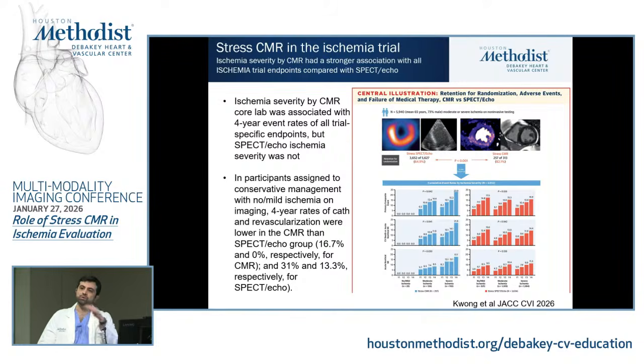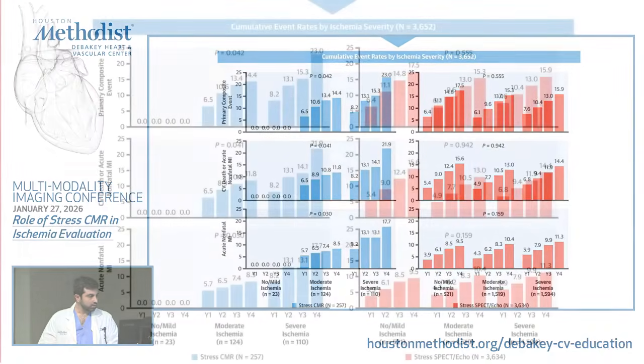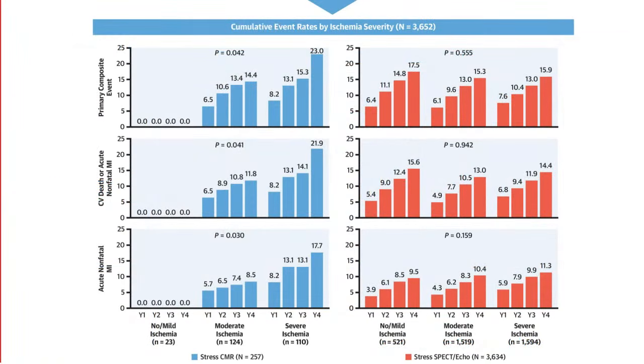As a result, people were randomized more often, 82% versus two-thirds, 65%, with stress echo and SPECT. And then the association between, let me see if I can zoom on this, the grading of ischemia by stress MRI was actually better compared to stress echo and SPECT with respect to hard outcomes.